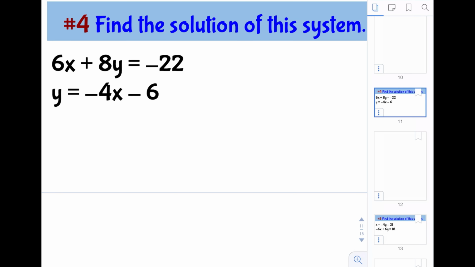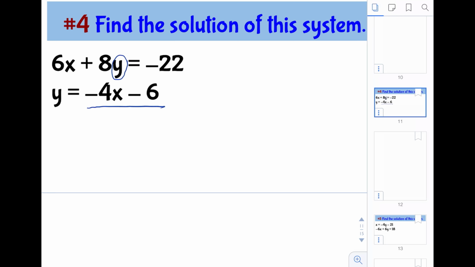Question 4. Find the solution of 6x plus 8y equals negative 22, and y is equal to negative 4x minus 6. So now, what we need to do here is, using negative 4x minus 6, we will substitute that negative 4x minus 6 into the y variable on our first equation.